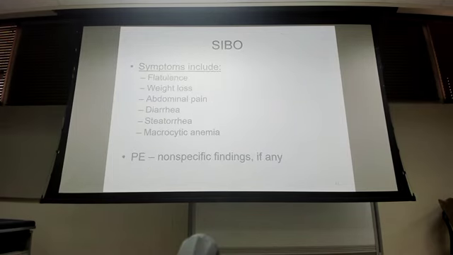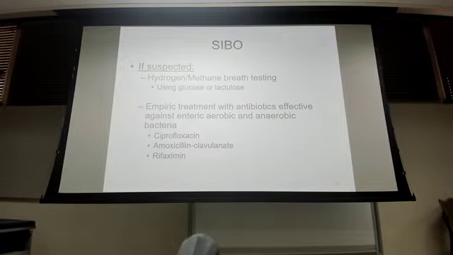What are the symptoms? Well, it's a malabsorption issue: bloating, abdominal pain, diarrhea, steatorrhea, weight loss. Also the macrocytic anemia from B12 deficiency. Non-specific findings, if anything, on the physical.